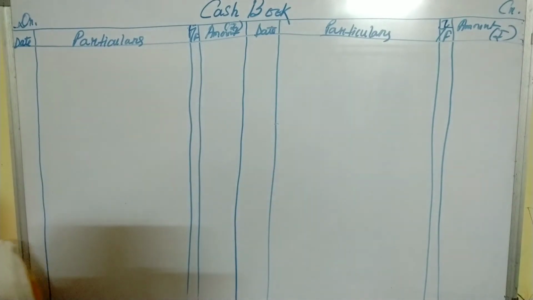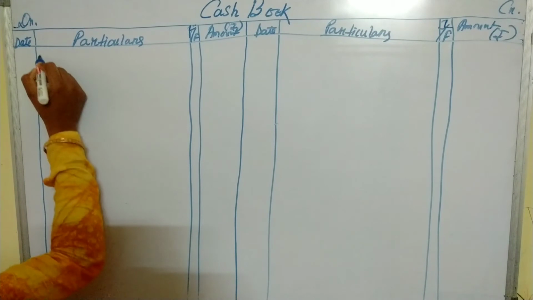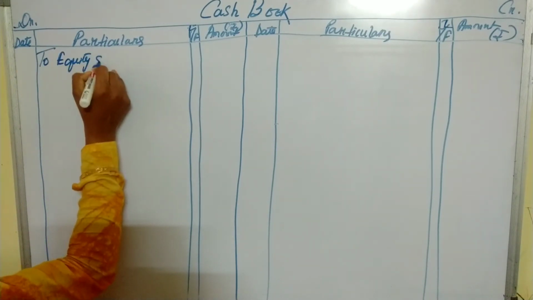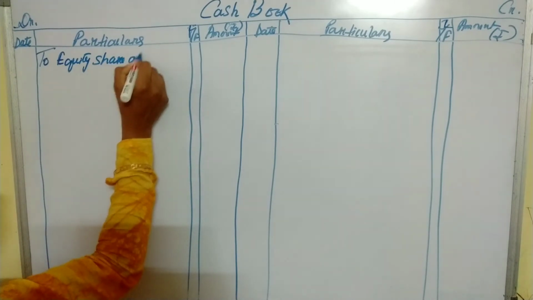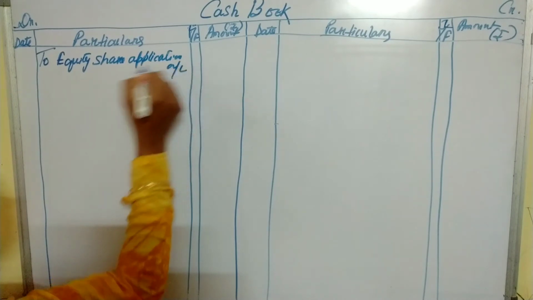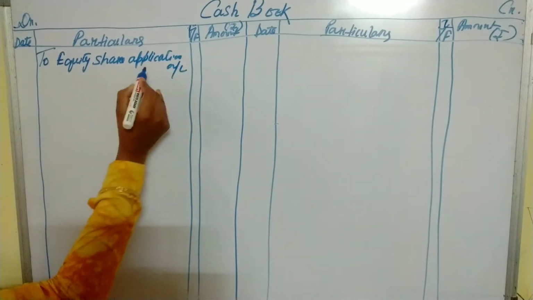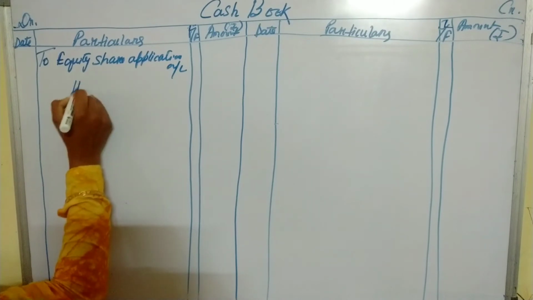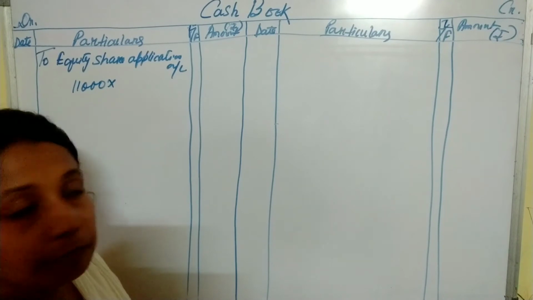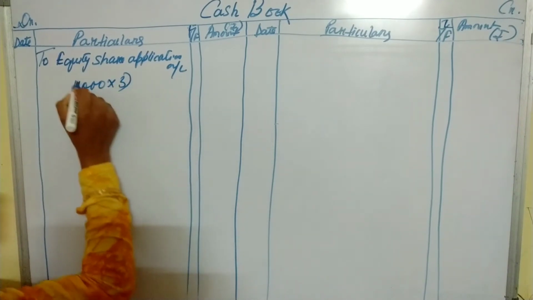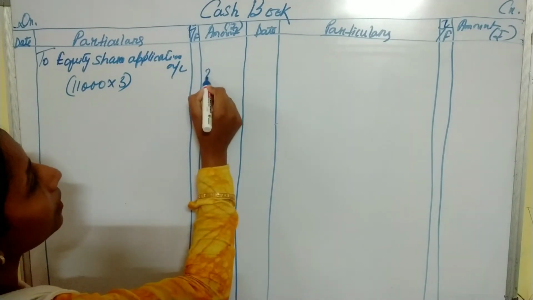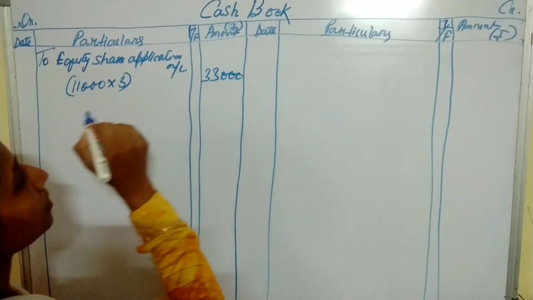Okay. So write the entry to equity share application account. Now see, 11,000 was the numbers of shares that the public has subscribed for, and the rate was 3, that is 11,000 multiplied by 3 is 33,000.